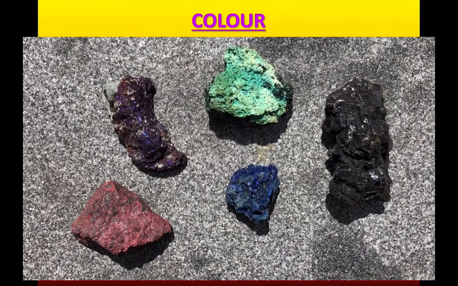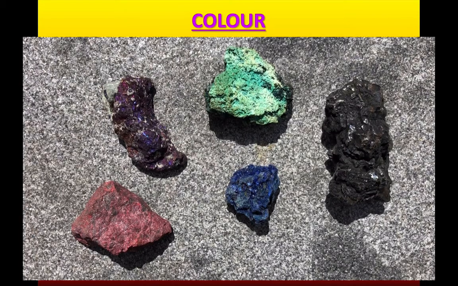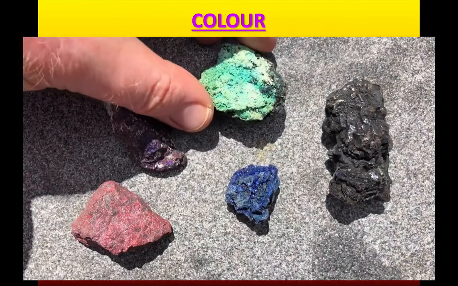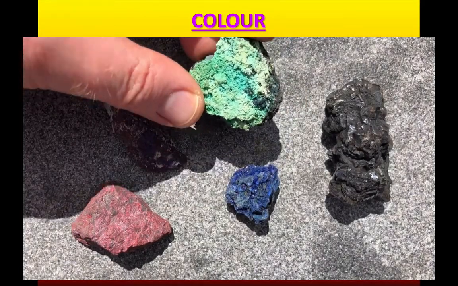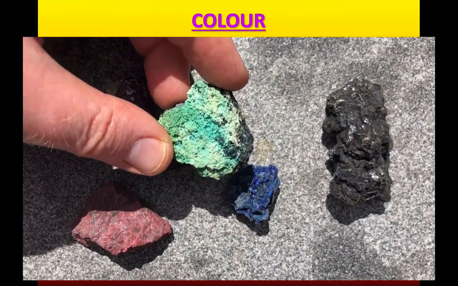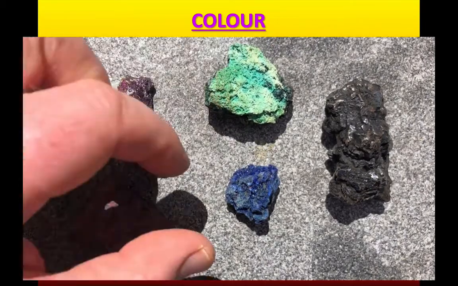Colour is a fascinating property of minerals. We can see the examples we're looking at here. These are all different types of ore mineral that have some really quite beautiful and vivid colours. We see this green malachite mineral, a copper ore.